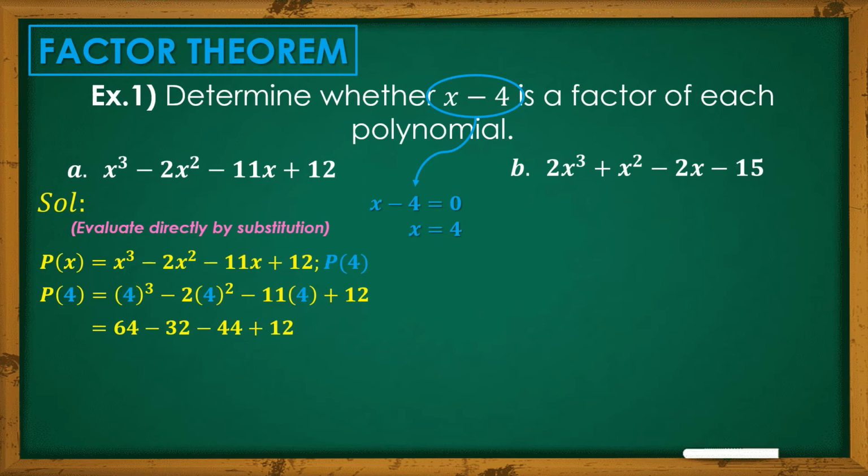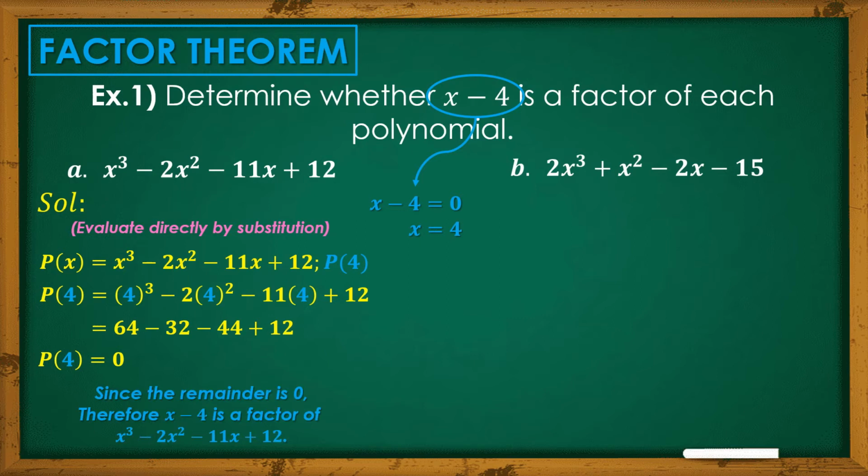Negative 2 times 4 squared is negative 32. Negative 11 times 4 is negative 44 plus 12. By solution, p of 4 is equal to 0. Since the remainder is 0, we can conclude that x minus 4 is a factor of x cubed minus 2x squared minus 11x plus 12.